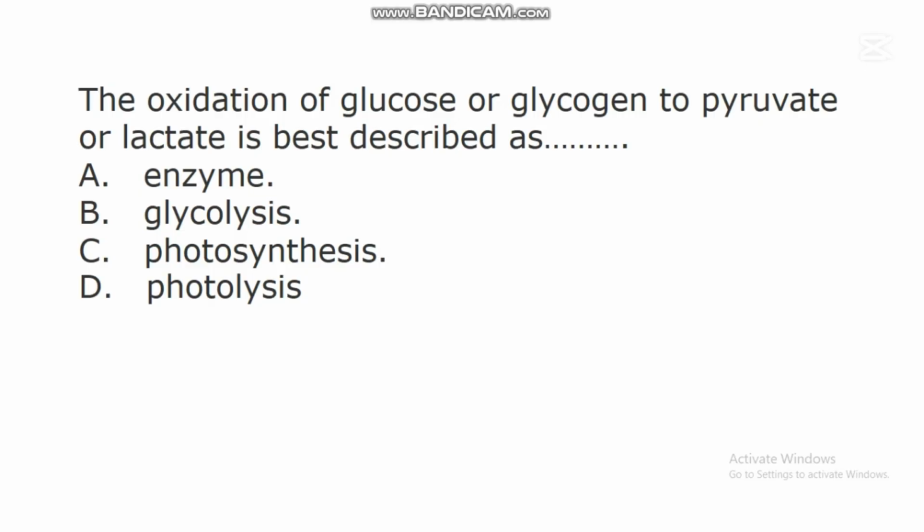In this question, the correct answer is B. Glycolysis. Glycolysis is the oxidation of glucose or glycogen to pyruvate or lactate. It's a chemical process that leads to the metabolism of glucose molecule, leading to production of energy in the cell of an organism.